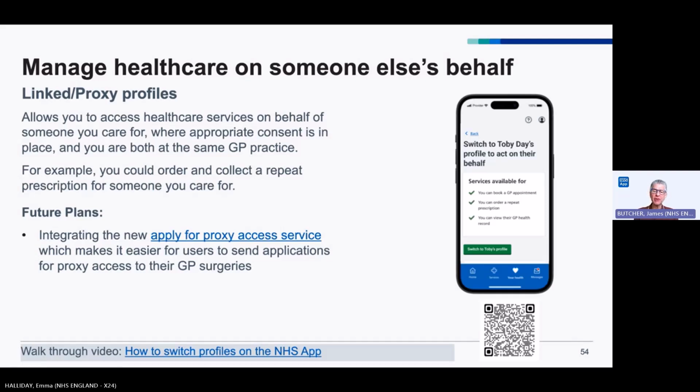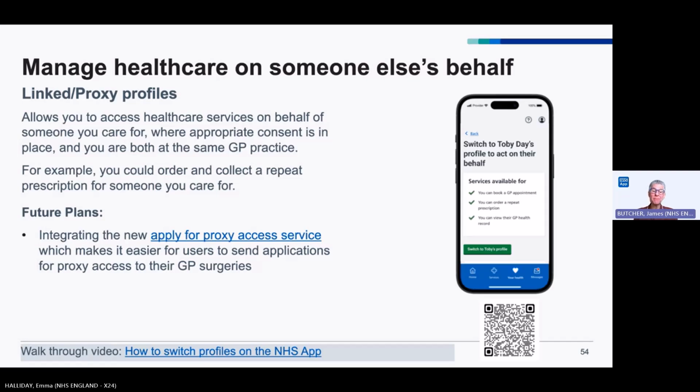And actually, at the present time, the proxy pilot is likely to be for one GP IT supplier. If the patient and proxy are at different practices, but both practices are on the same system, then it's likely that this would be accessed by March 2026. So in a year's time.